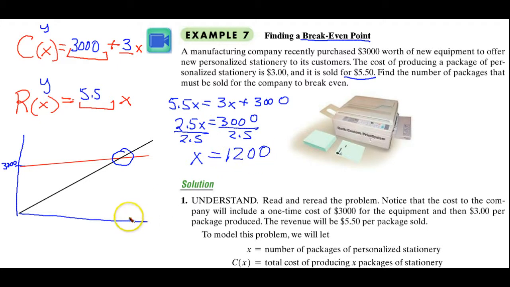Well, when you sell 1,200 units down here, you have met your break-even point. So by selling 1,201, you now have made some profit.